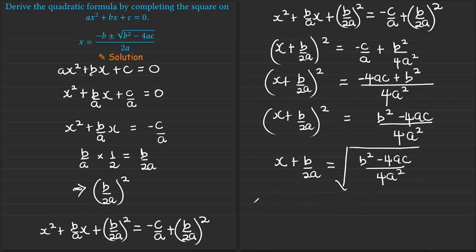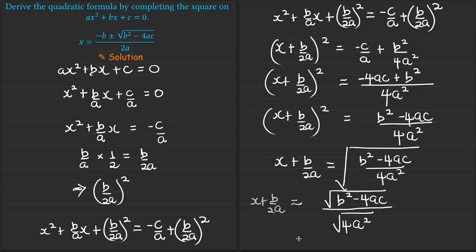So that we have x plus b over 2a being equal to the square root of b squared minus 4ac all over the square root of 4a squared.